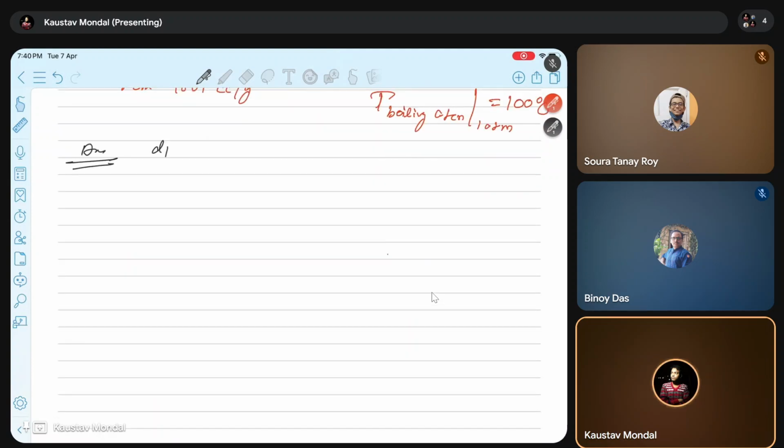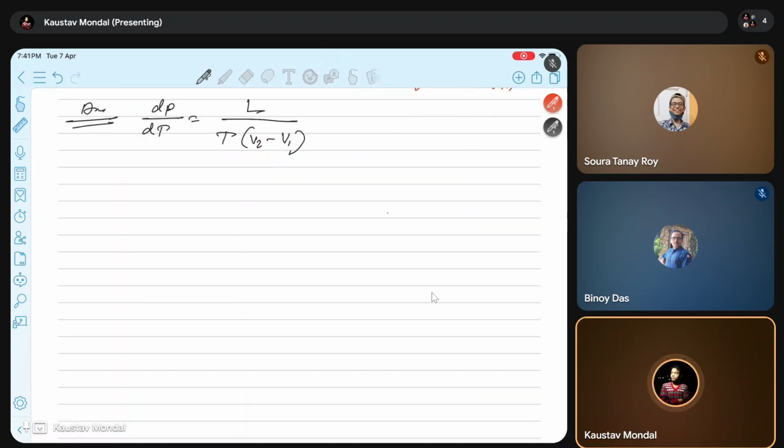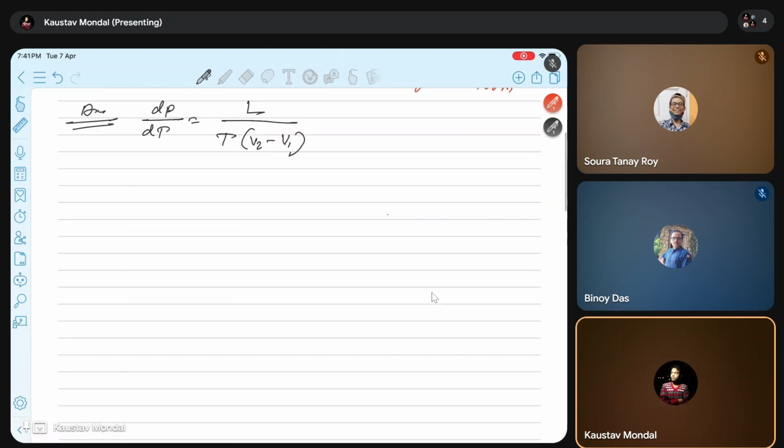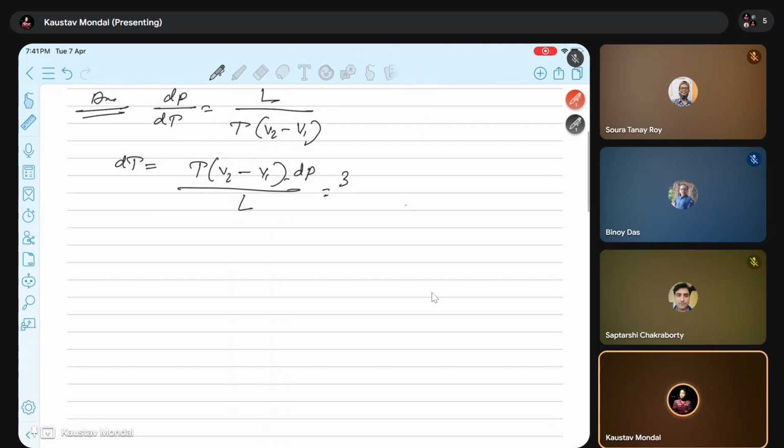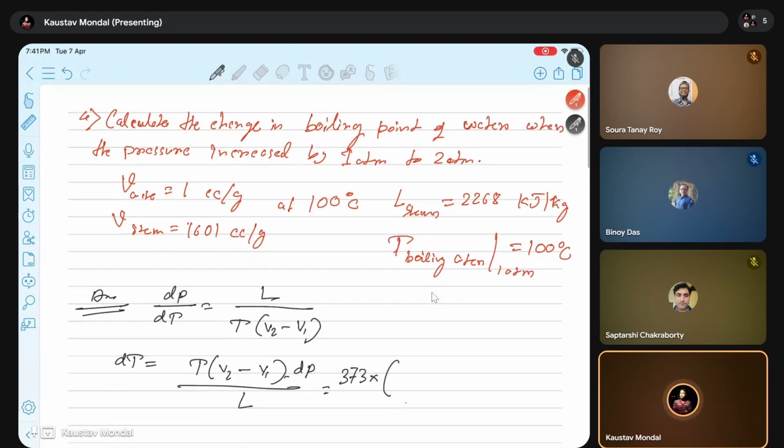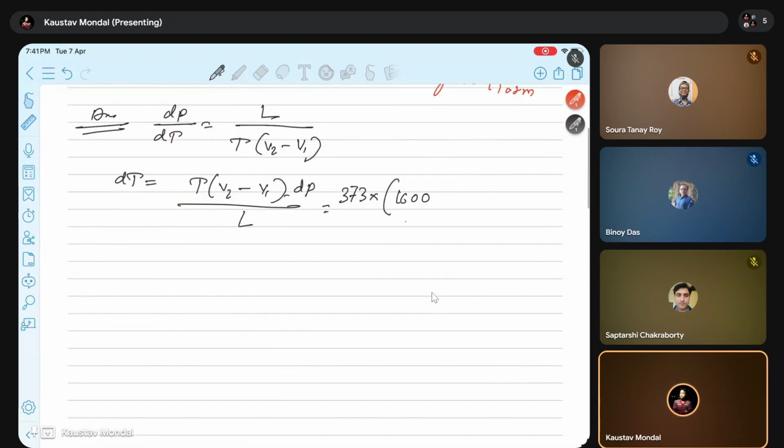In a similar way, first write the Clapeyron equation dP by dT equal to L by T into (V2 minus V1). So here the change in temperature dT will be equal to T into (V2 minus V1) into dP by L. T is 100 degrees, so 373, into V2 minus V1, which is 1601 minus 1, so it would be 1600.